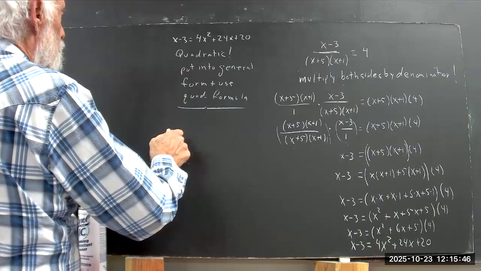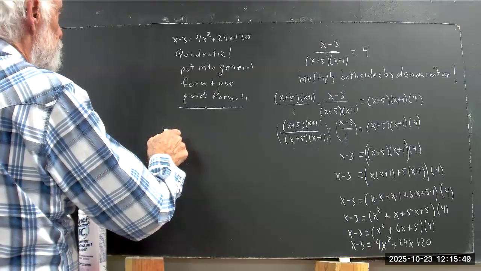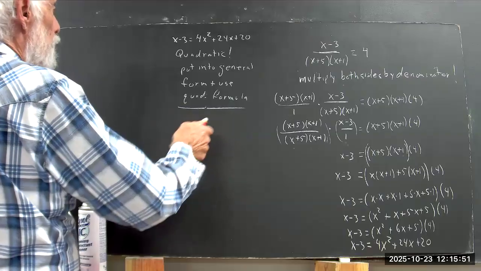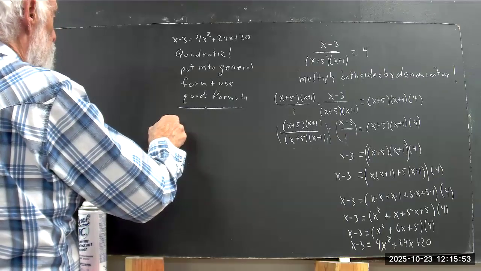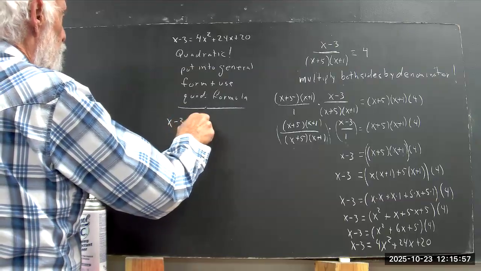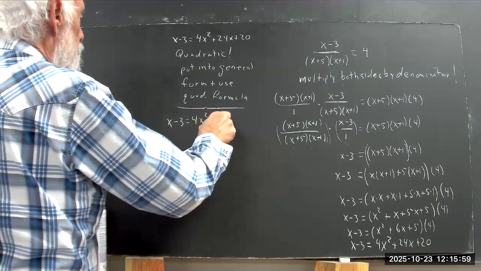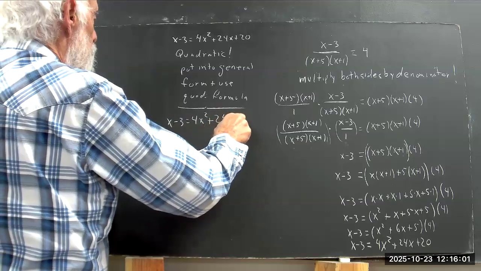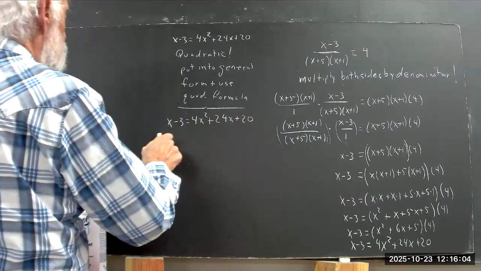Well, what we do is we subtract x minus 3 from both sides. And I'm going to do it like this. Let's write the whole thing out again.